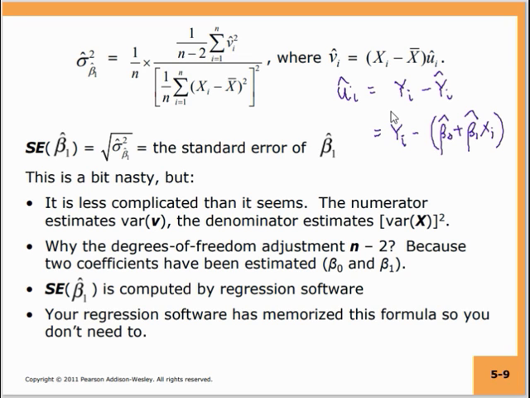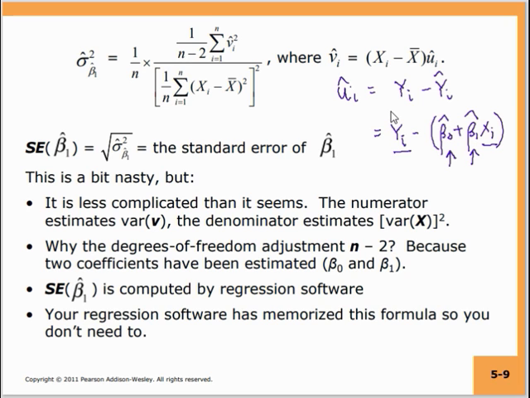So for each ith observation, you have the associated xi's and yi's, and you have already estimated beta 0 hat and beta 1 hat by OLS. You just plug in these values and you get the values of ui hat. The variance of this total quantity, xi minus x bar multiplied by ui hat, is what is there in the numerator. In the numerator you divide it by n minus 2.